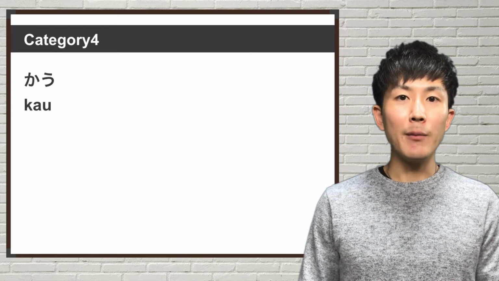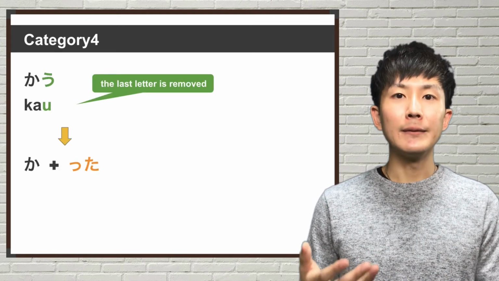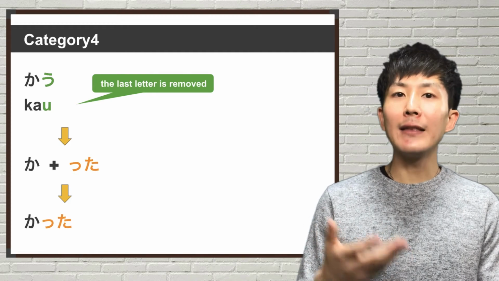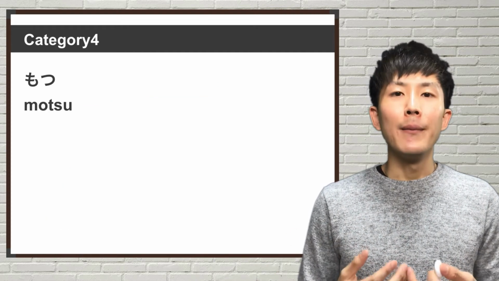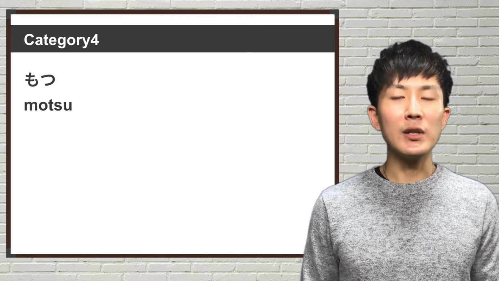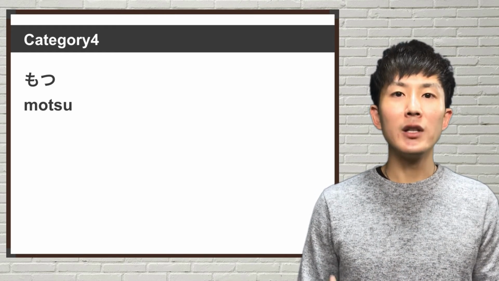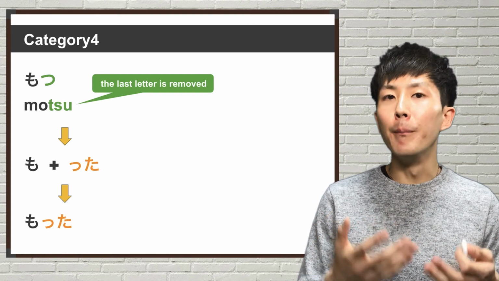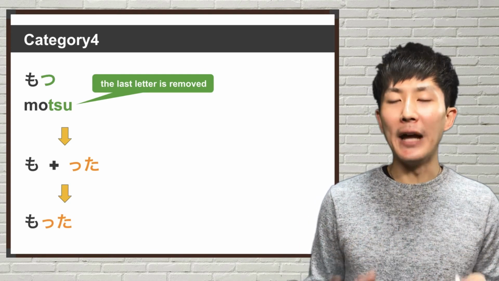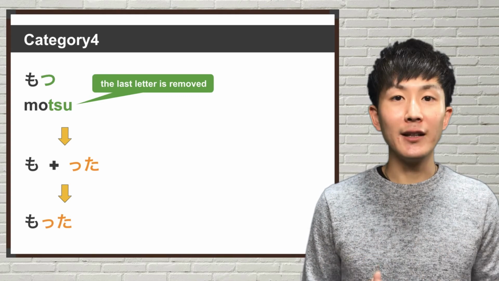Then just remove the last letter and attach た. So 買った. I bought it. 持つ, which means have. Then just remove the last letter and attach た. So 持った, which means I had it.